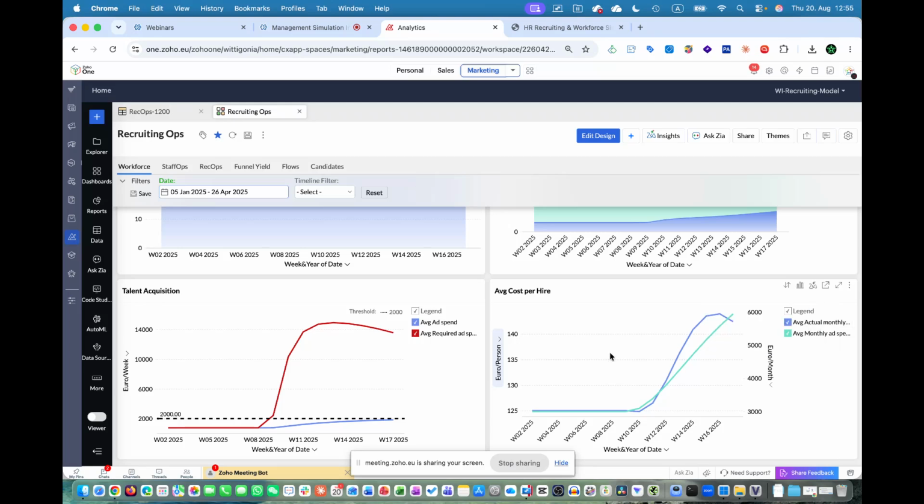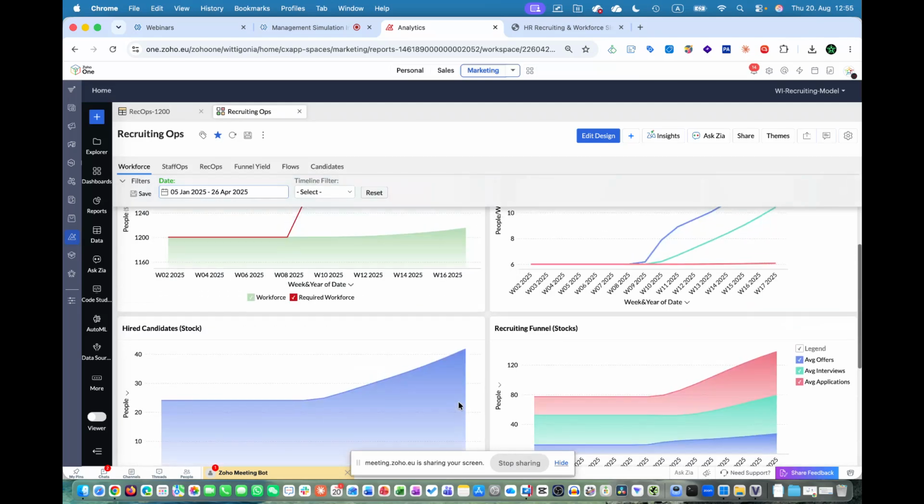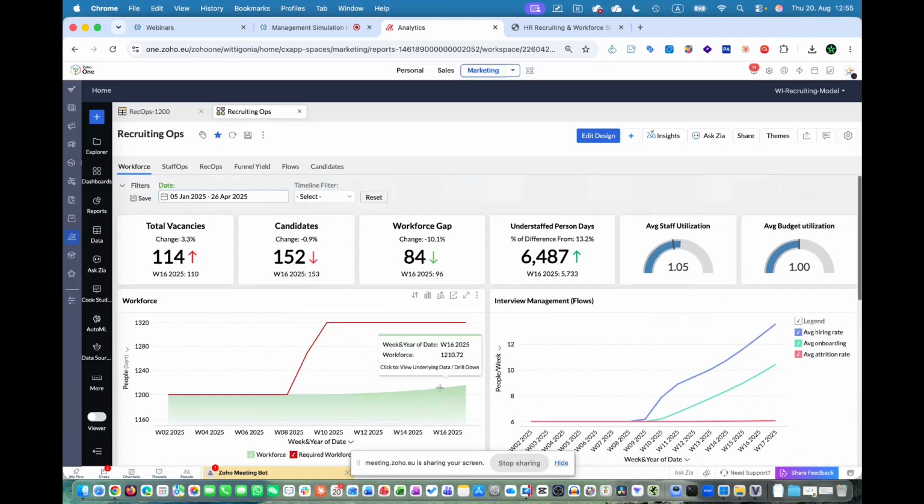We're basically choking the inflow into the recruitment pipeline and make things worse over time. And in, for example, a service organization, that might mean that the number of understaffed days, which is already high here and increasing, is getting even worse. And our staff utilization is going through the roof, which means we're losing more people, which means we have to replace more people. So that's kind of the feedback loops.